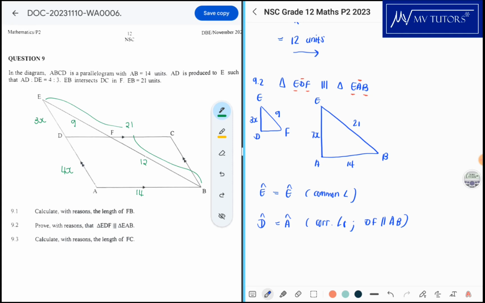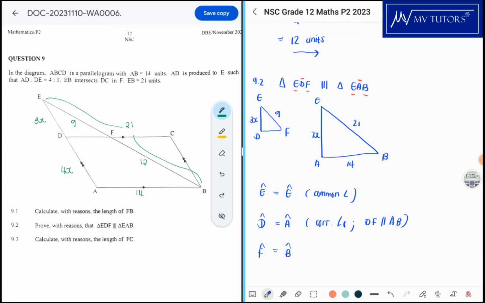And then the last angle, which is F and B. Well, if you've already proved 2, the last one, we just say they're equal because the sum of angles in a triangle is equal to 180 degrees. Alright, so you can leave it at that. Or you really can prove it. So let's see, why would F be equal to B?